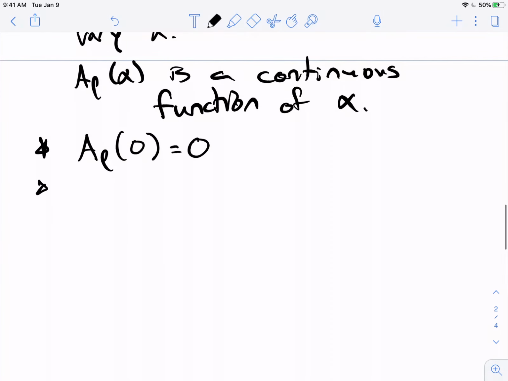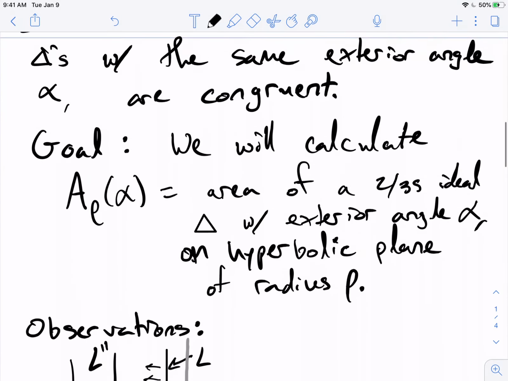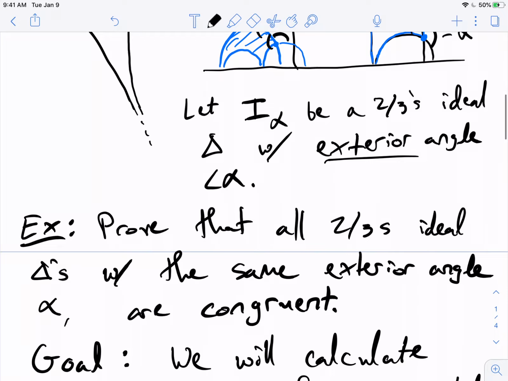And so as alpha approaches pi, our 2/3 ideal triangle, which I was calling, what did I call it? I alpha.